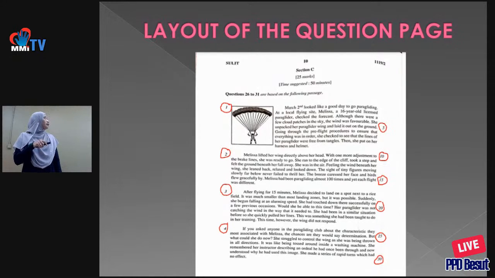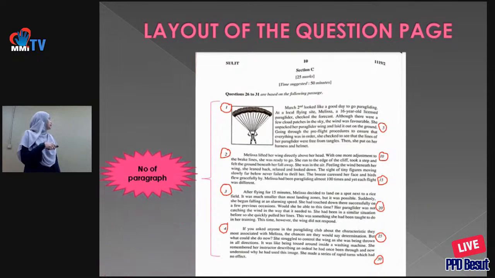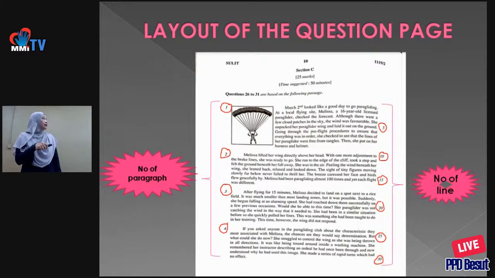Here we start with number 1, and here we start with number 5. So what is this? Over here is actually the number of the paragraph, and on the other side they are the number of the line.